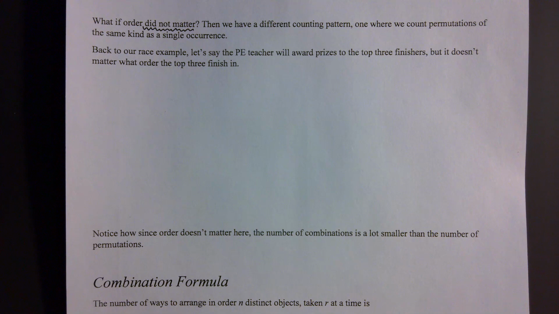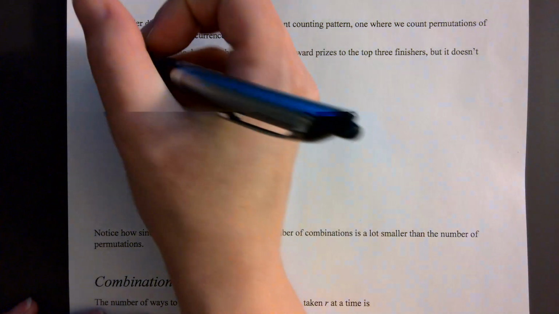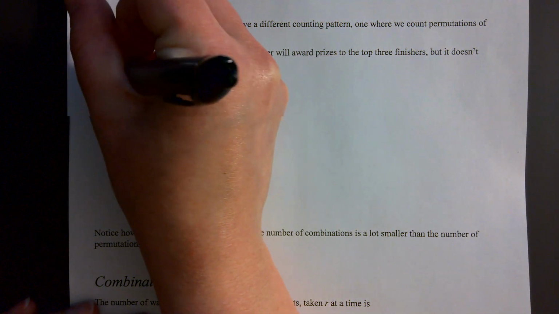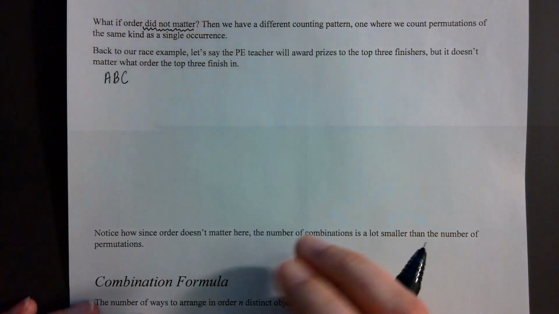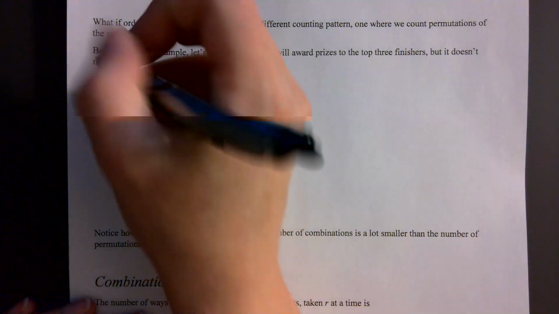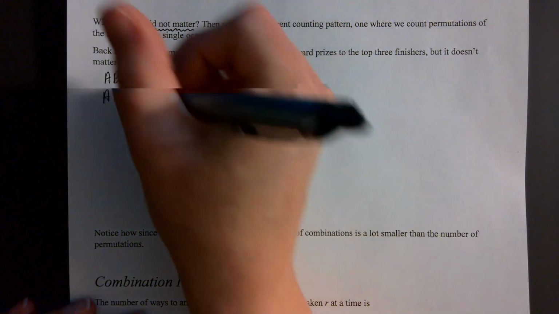So let's go ahead and list out all the different outcomes that we would have. Let's say Anson came in first, Bree came in second, and then Caden came in third. Well, let's say still Anson came in first, Caden came in second, and Bree came in third.